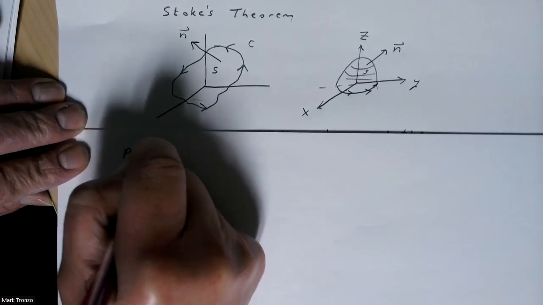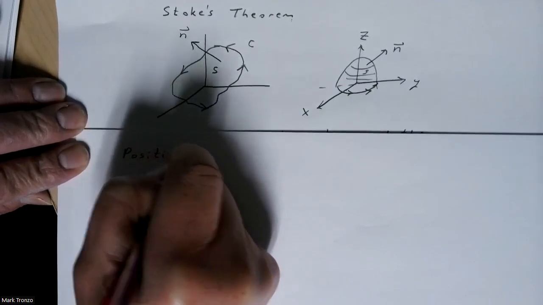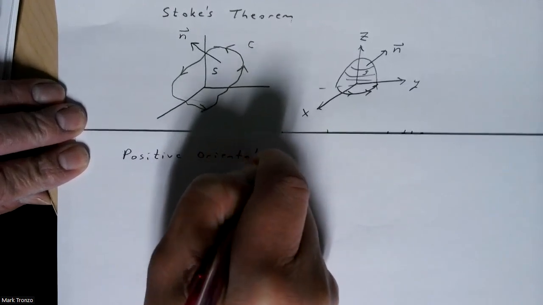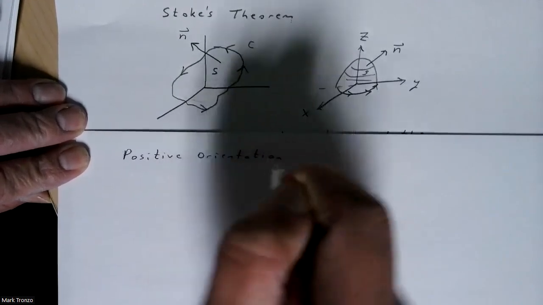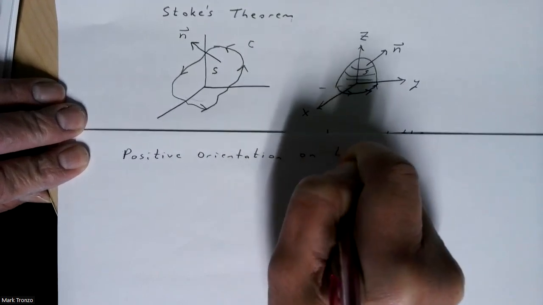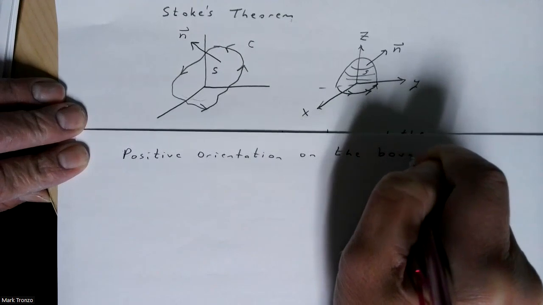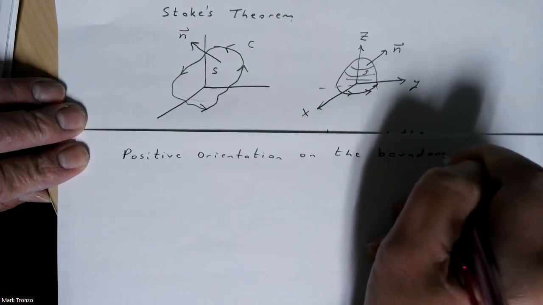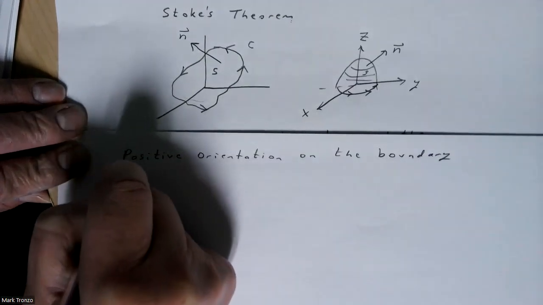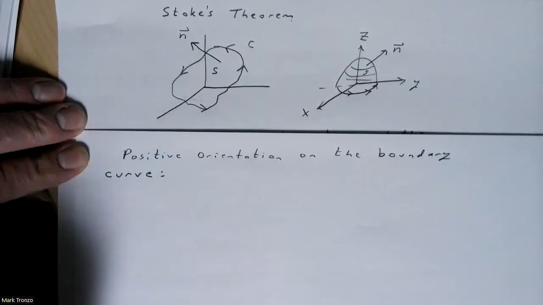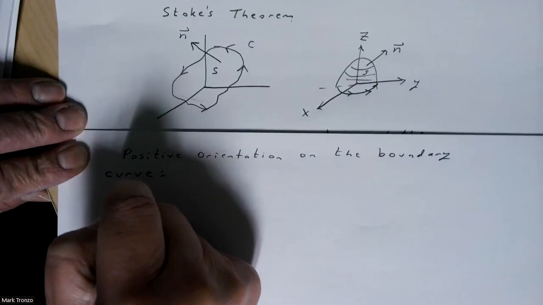Positive orientation on the boundary curve C would be defined this way.